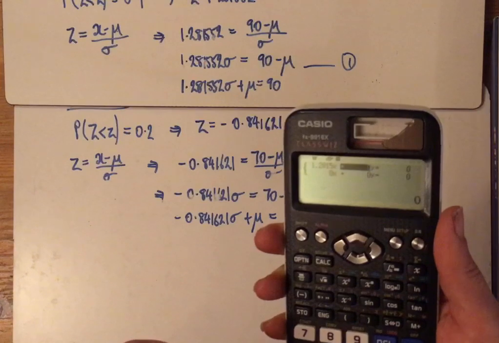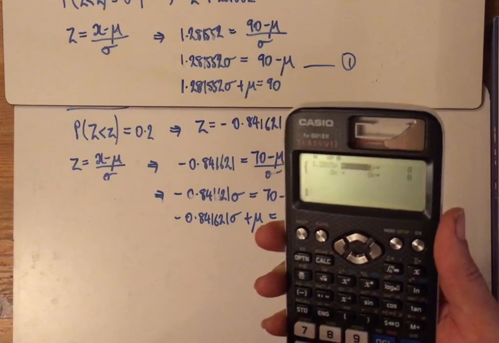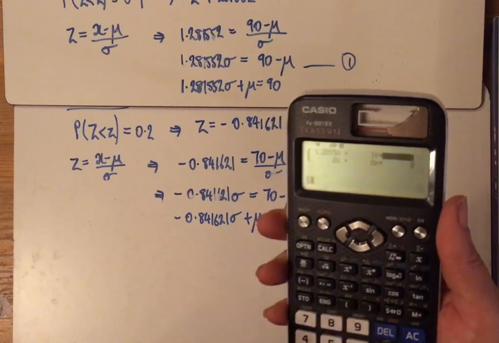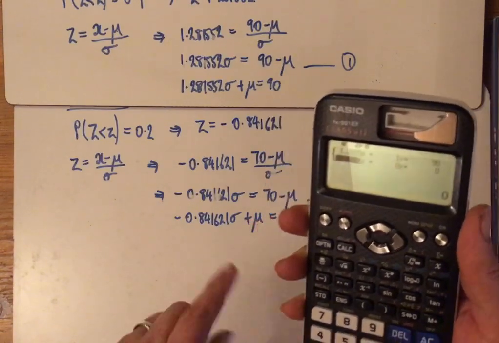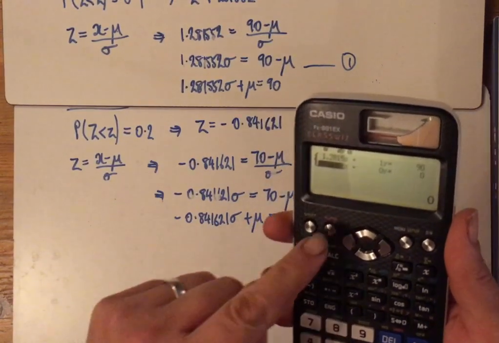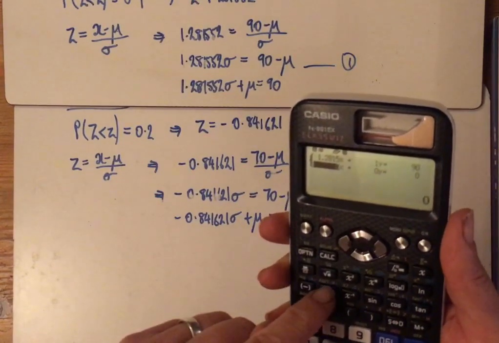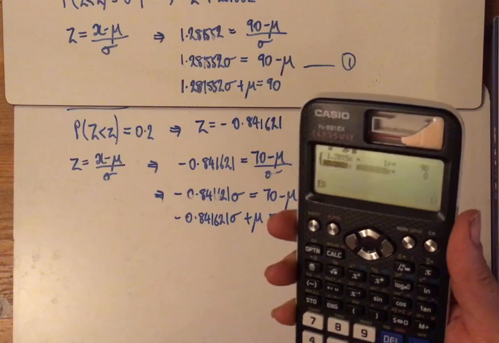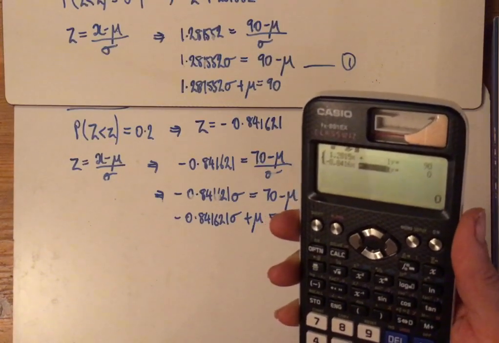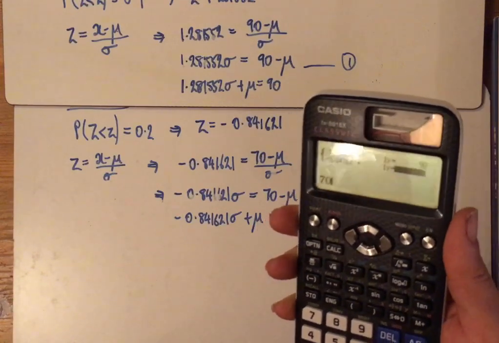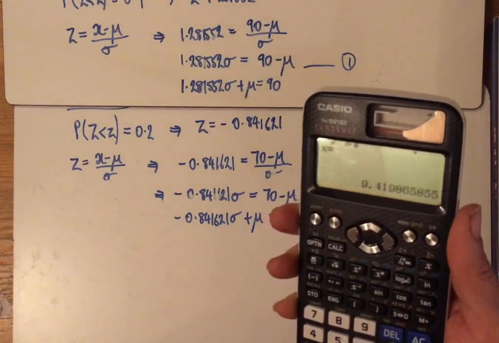The coefficient of the mean is 1, and that equals 90. And then to pull up this value, I can do alpha, which takes you to the red, so that takes me to B, and then 1 again for the mean, and that equals 70. Then you can just hit equals.